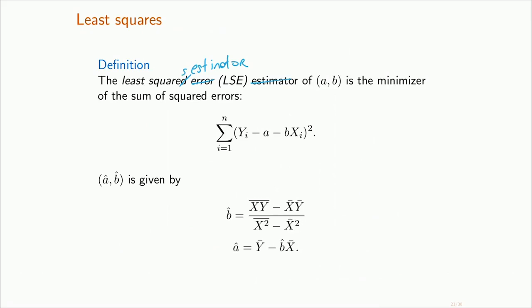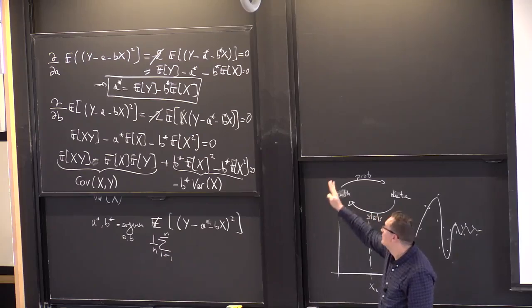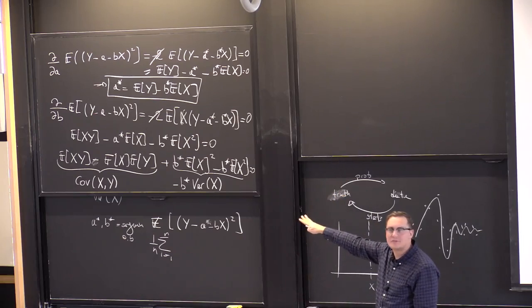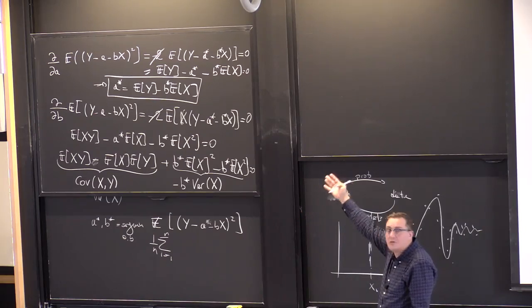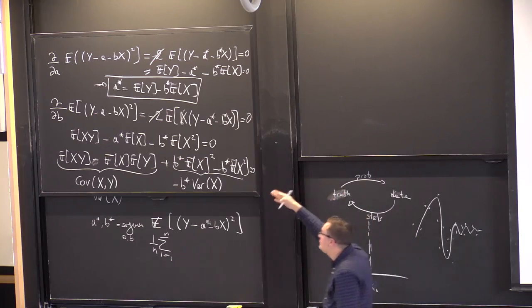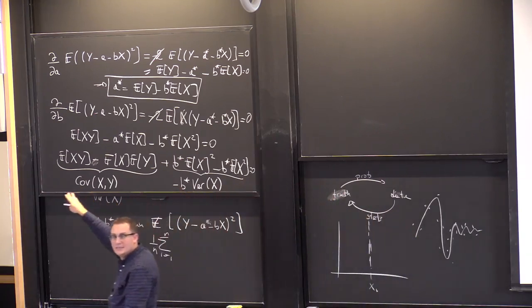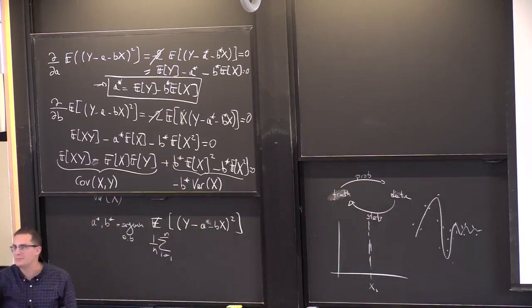Should we spend 5 minutes or 10 minutes proving this? Of course not, because everywhere on this line where you see an expectation, you replace it by an average. And all we used was the linearity of expectation, and so it also works for the average. So every time you see E of something, just replace it by a bar on top.